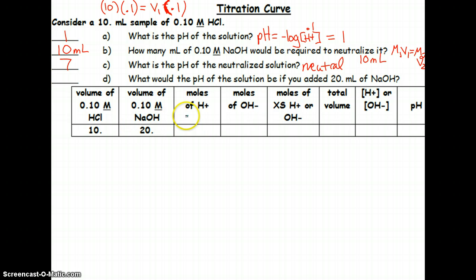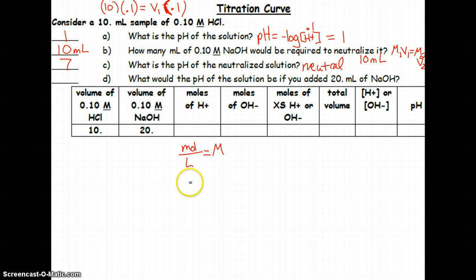You need to find the moles of H+ and the moles of OH-. We have the molarity and the volume, so we can use those to find the moles, since moles over liters is equal to molarity.